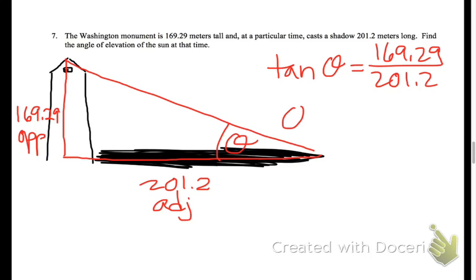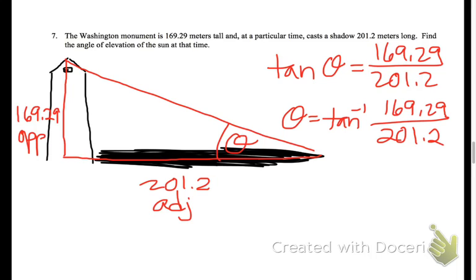And it's going to be the inverse tangent that we want to use in order to solve for the missing angle. And when we plug in the inverse tangent of 169.29 divided by 201.2, we get an angle measurement of 40.077 degrees.